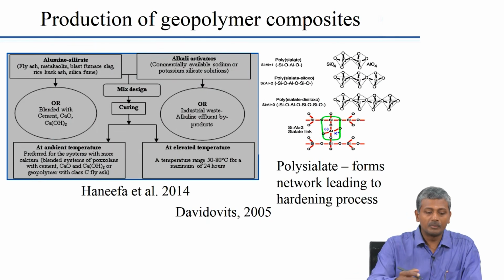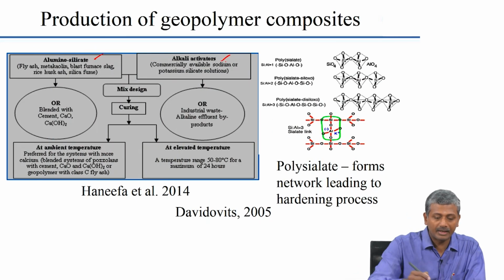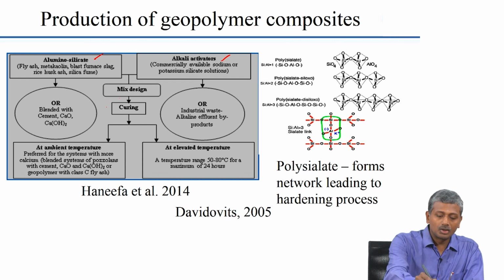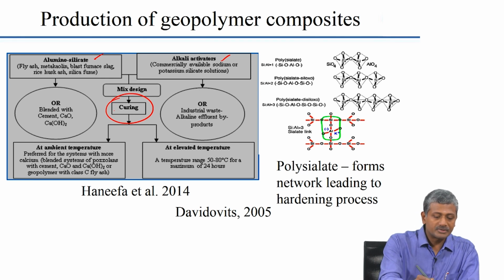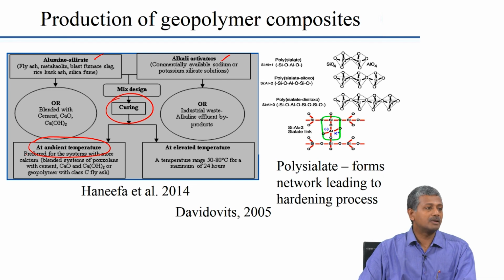So, when you have aluminosilicate sources plus alkali activators, when they are cured either at ambient conditions or at high temperature, okay, what happens is at ambient temperature what you are doing is you are preferring this for systems that have a high amount of lime in them like slag for instance, where hydration of the material actually happens and you end up forming some sort of CSH based products.